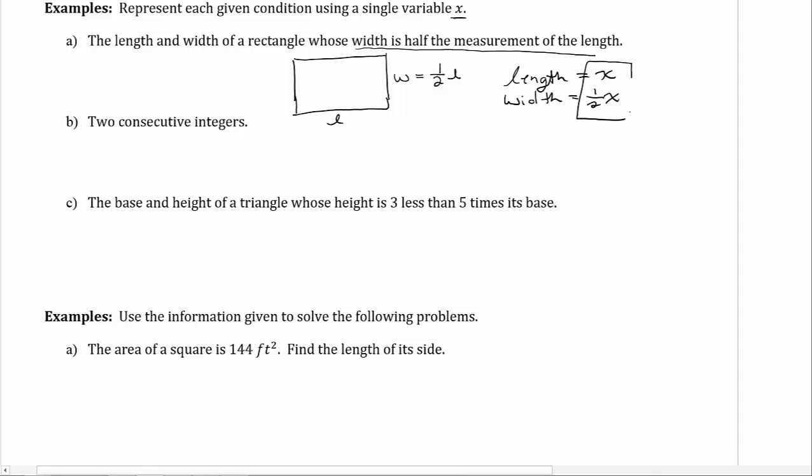These two would be expressions for the length and the width in terms of x for this particular rectangle. Two consecutive integers. The word consecutive means one right after the other, so x would be your first integer, and then the next consecutive integer would be x plus 1.